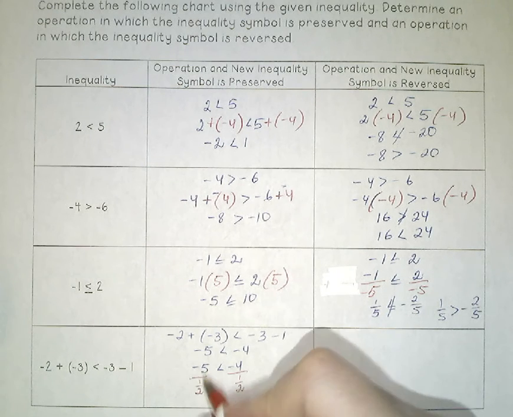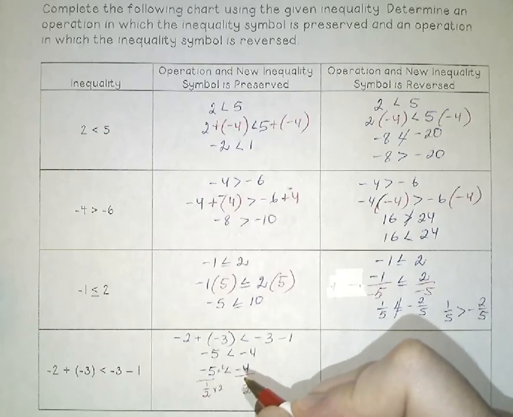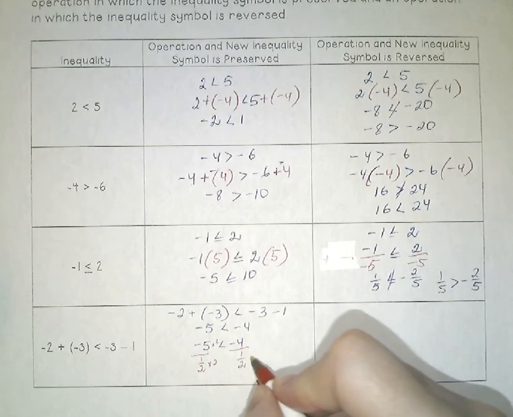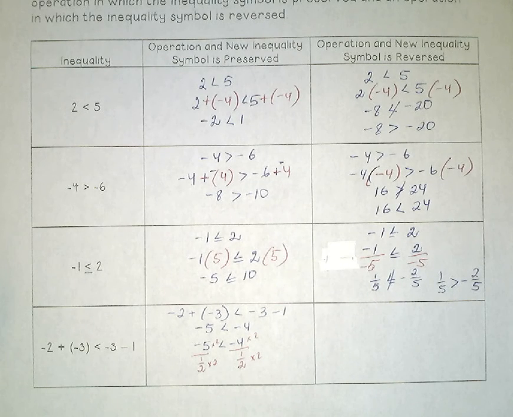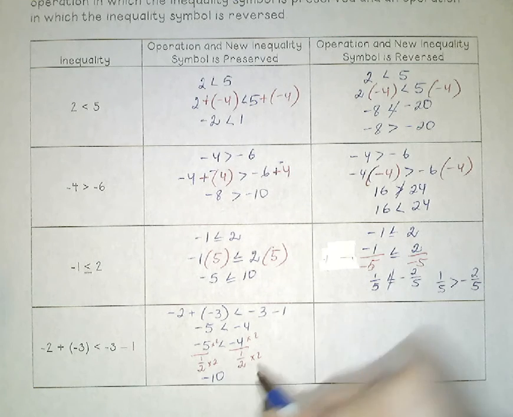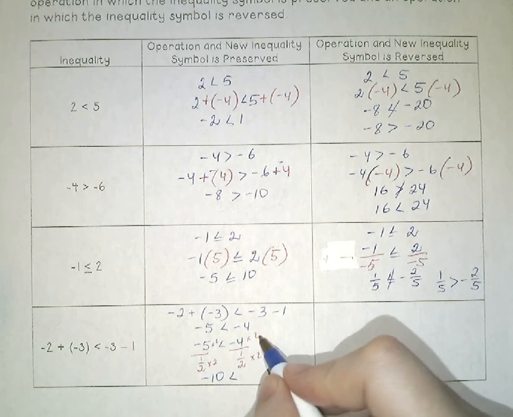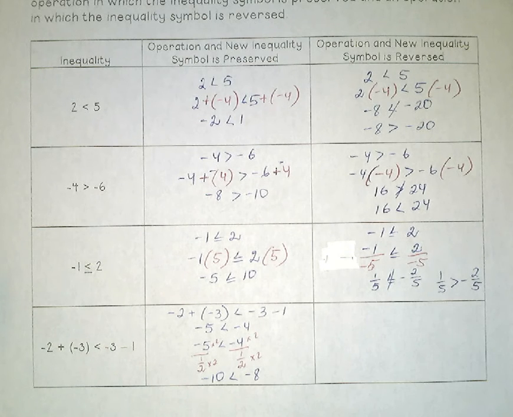So I'll do times 2 here and times 2 here. All right, so now I have negative 5 times 2 is negative 10, less than negative 4 times 2 is negative 8. Negative 10 is less than negative 8. That is a true statement.